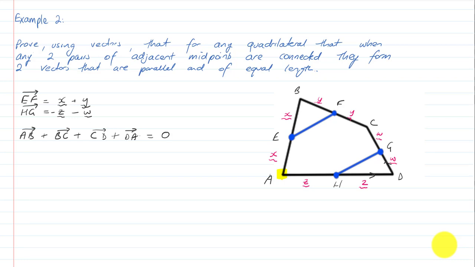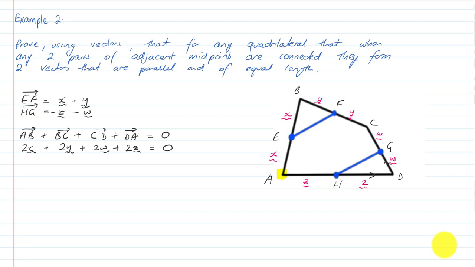I'm starting and finishing in the same place, so I've actually gained nothing. The vector is just 0. Now I also know that AB is equal to 2x, and BC is equal to 2y, and CD is equal to 2w, and DA is equal to 2z. And that's equal to 0.